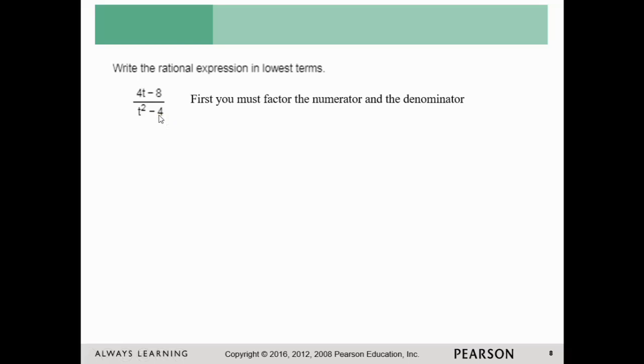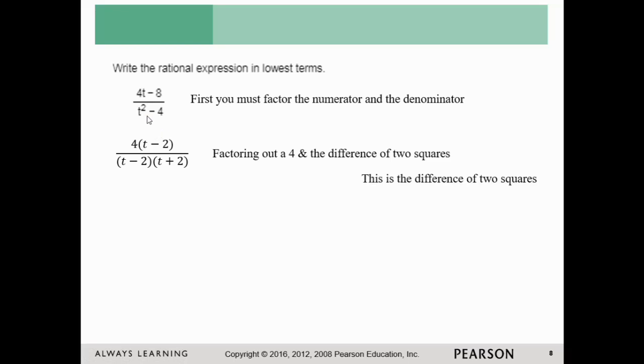So in the numerator, I factor out the greatest common factor of 4. That leaves me with t minus 2. Then, as I said, the denominator is a difference of two squares, to which we apply this formula right here. So that means t minus 2, t plus 2.